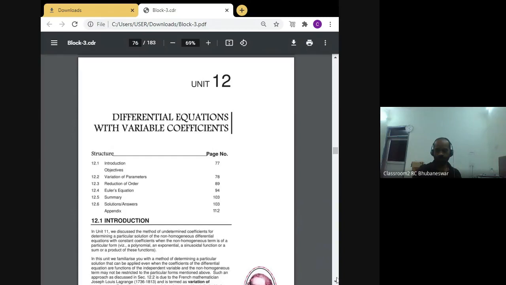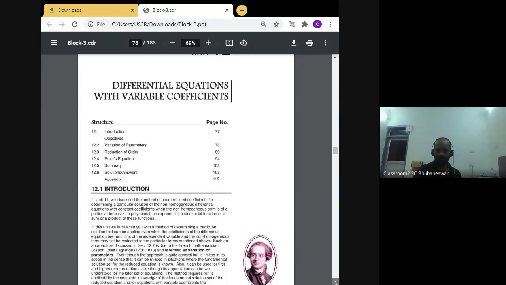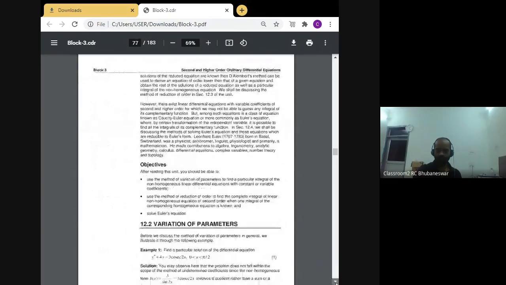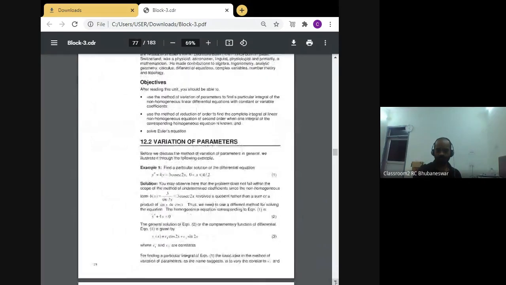Now, these methods are basically to find the solution of the complete integral of a differential equation of non-homogeneous type. In our last session, we clearly discussed the solution of homogeneous and non-homogeneous differential equations.